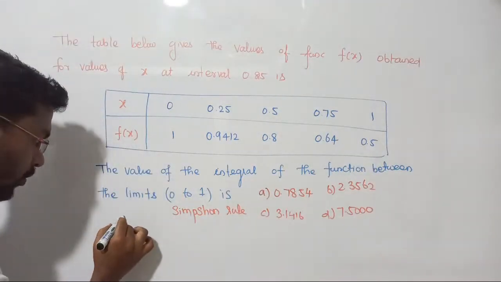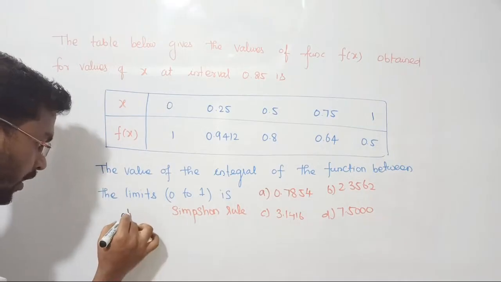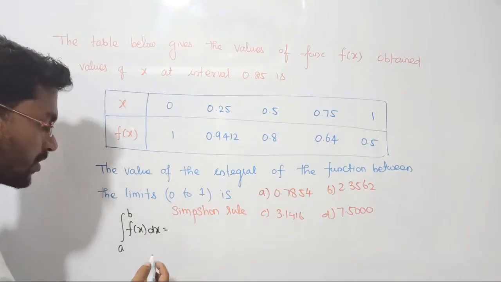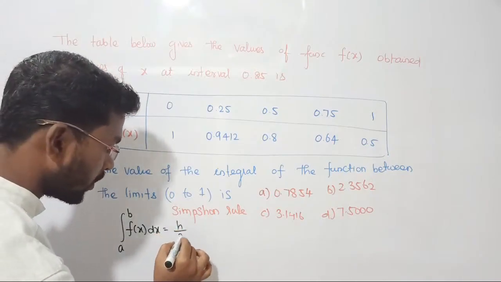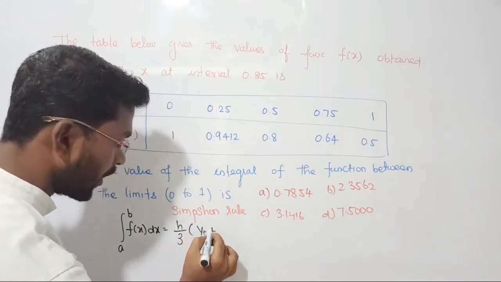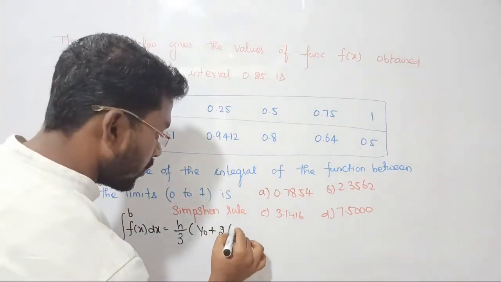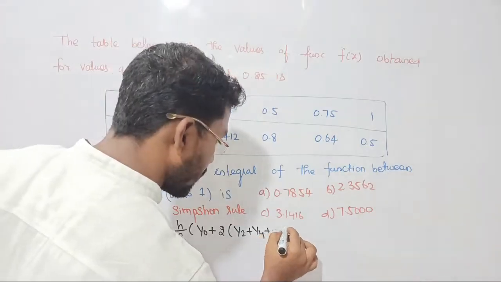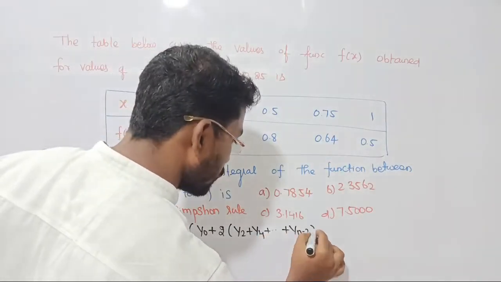Guys, listen. We know the formula. For the integral from a to b of f of x dx, the Simpson 1/3 rule formula is what? h upon 3 in bracket: y0, plus 2 into, we have to estimate y2 plus y4 plus etc. plus yn minus 2, right?